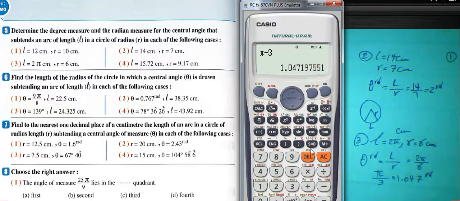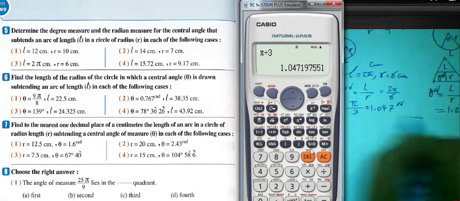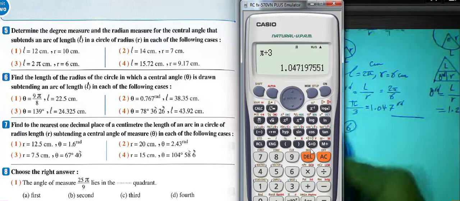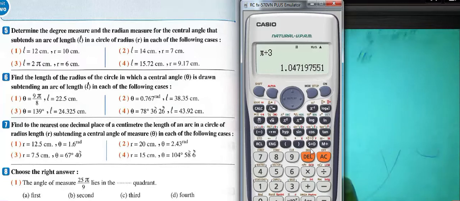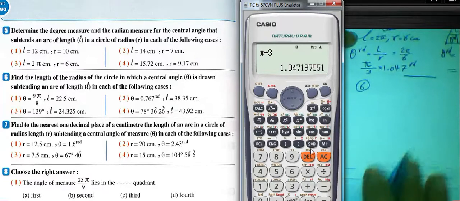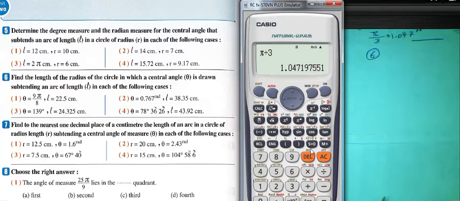Question number 6. Look with me here. Find the length of the radius of the circle in which central angle theta is drawn, subtending an arc of length L in each of the following cases.